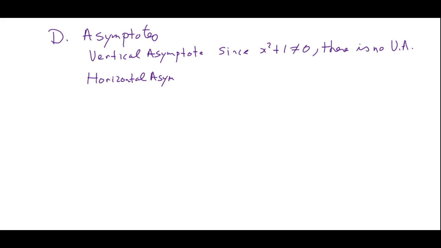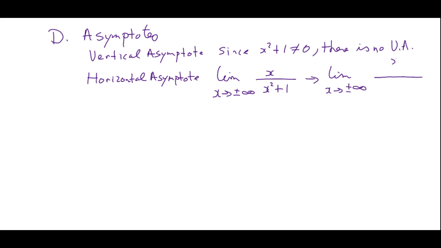Horizontal asymptote. We'll take the limit as x approaches plus or minus infinity of x over x squared plus 1, which is the function. To get a horizontal asymptote, we divide by the highest power of x, which is x squared.